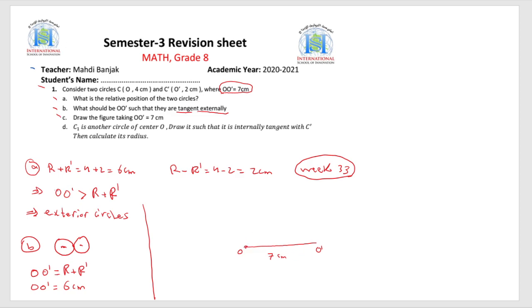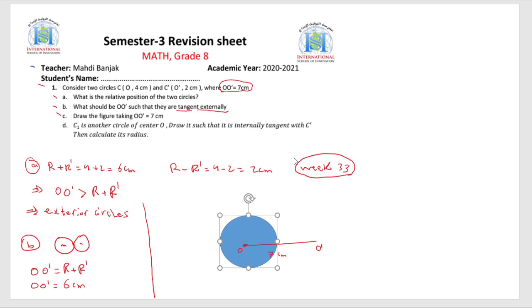I will draw a circle from center O and of radius 4 centimeters, like this one. You draw it like this, and the radius here should be 4 centimeters exactly.